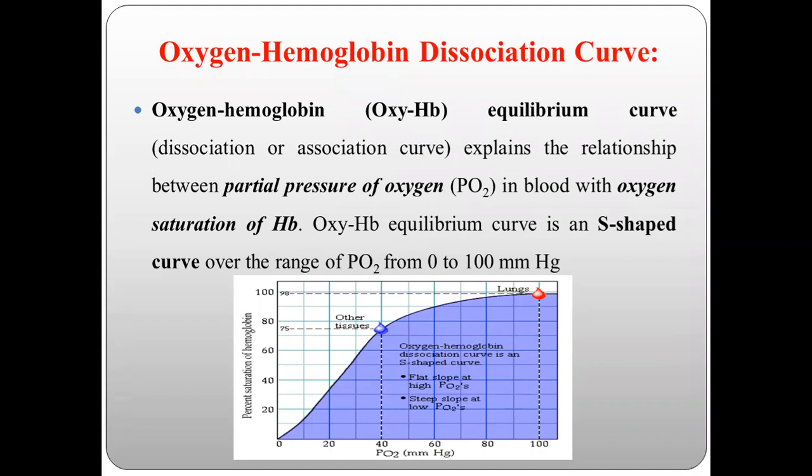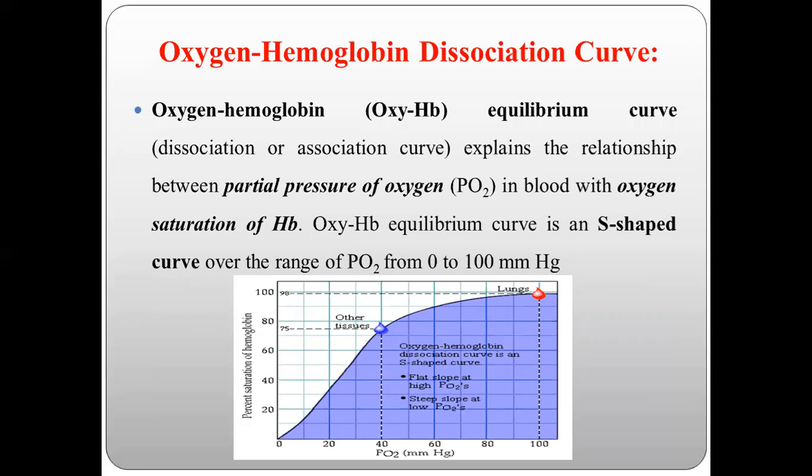And this explains the relationship between the partial pressure of oxygen in blood with saturation of hemoglobin. So this particular curve gives you an idea at what pressure of oxygen, how much saturation of hemoglobin or how much oxygen will be combined with hemoglobin. That idea will be given by this particular curve.